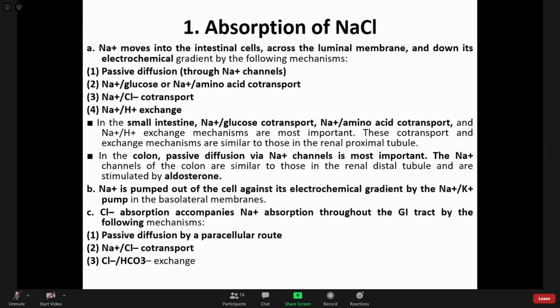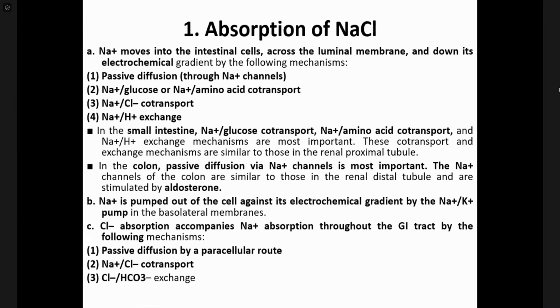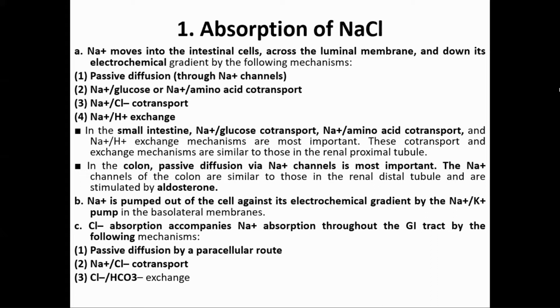So the sodium potassium pump actively pumps free sodium ions out of the cell. From the apical side, sodium is absorbed and goes inside the cell. After sodium goes inside the cell, it is actively pumped out. You can see it here in the figure also.